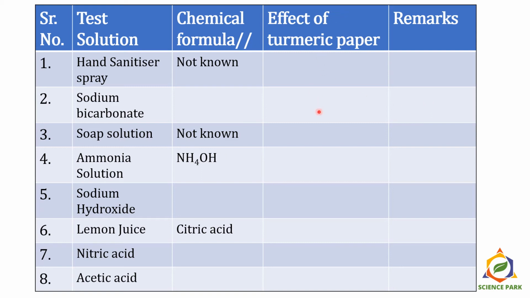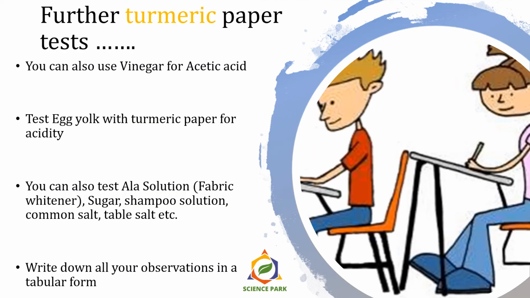I have listed all the acids or bases that we used in the experiment in the video. You can go on extending the list as you test different substances around you.